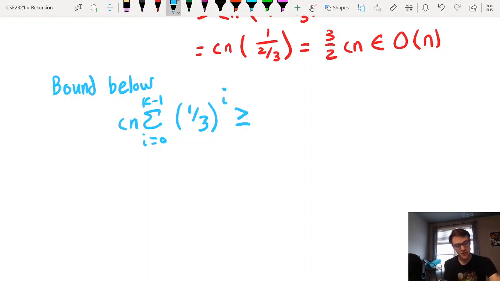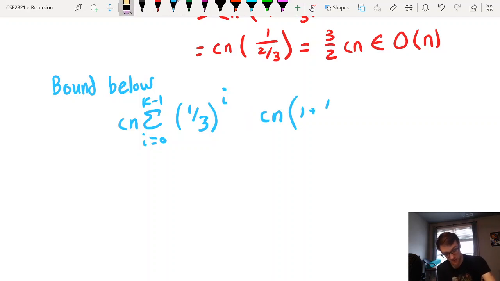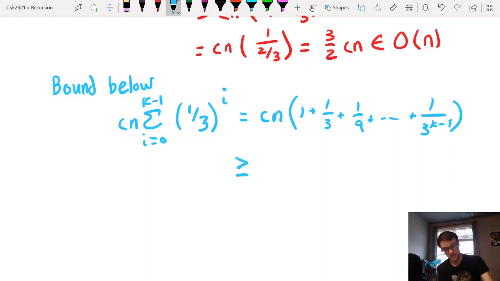This is a bit of a cheat for bounding it. That entire summation, I could write it as 1 plus a third plus a ninth plus all the way till we get to 1 over 3 to the k minus 1. That whole summation is definitely bigger than or equal to just the first term of the summation. In this case, that's 1.